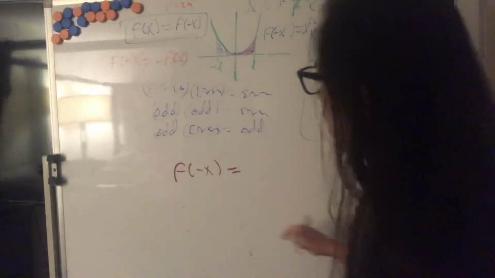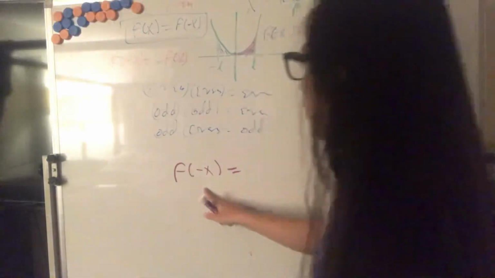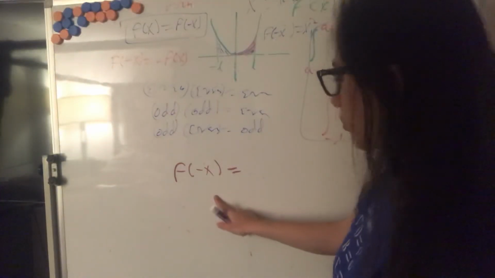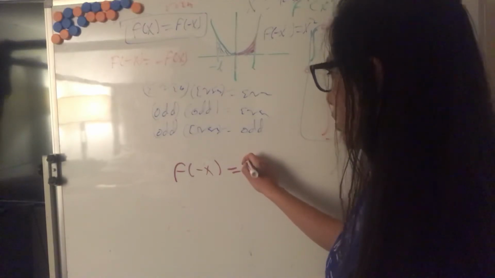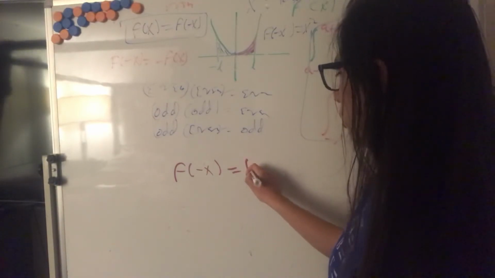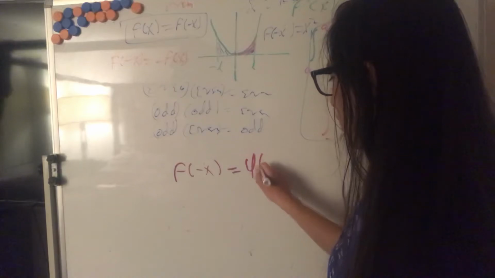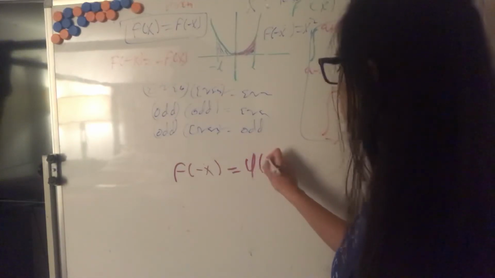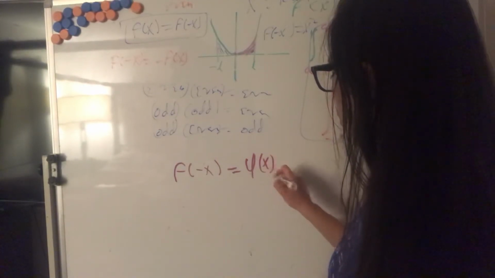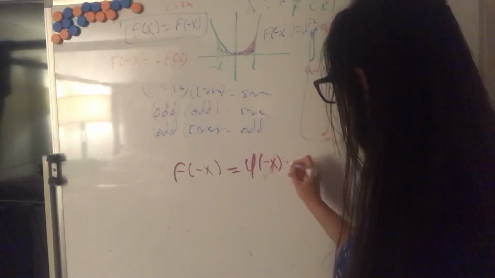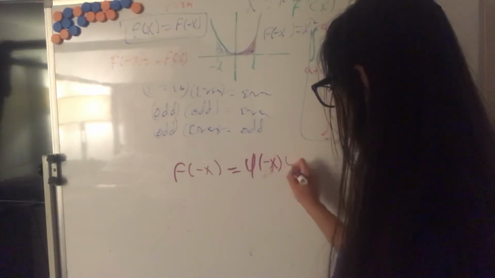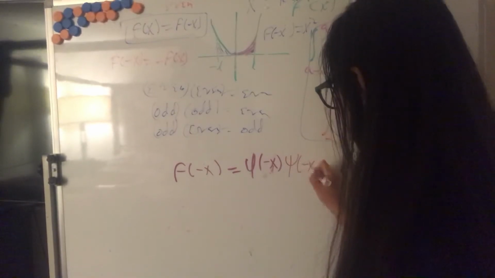So here, this is my even function, and I can put it as the multiplication of two even functions. Let's say phi of minus x and psi of minus x.